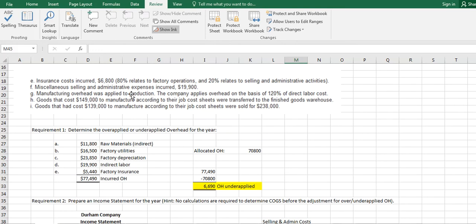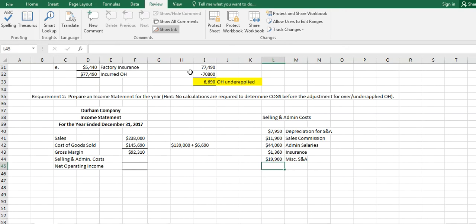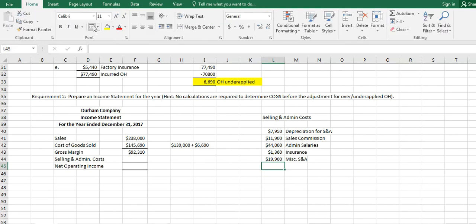And then manufacturing overhead doesn't have to do with selling and administration, and both of the last things have to do with cost of goods sold, so we can just skip those. That looks like all of our selling and administration. If we total those, we get $85,110. So let's put this over here.